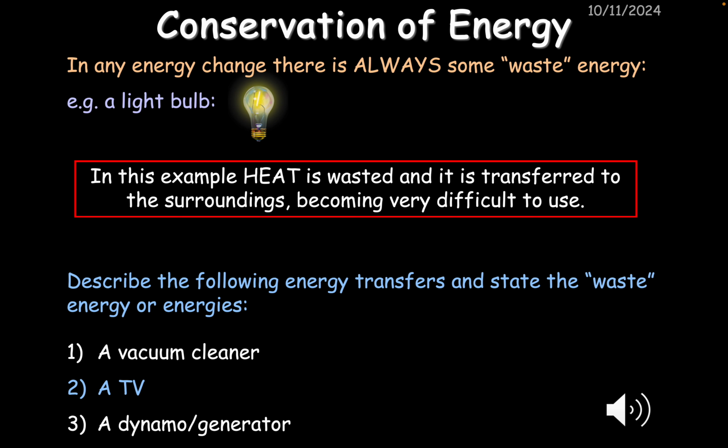And then anything electrical, like a dynamo or a generator, will also, due to the resistance in the wires and friction in the moving parts, waste some energy. Even though the electrical energy transfer will do some useful work, it will also transfer some of the wasted energy thermally to the surroundings. Okay, so you need to be aware of this when you're answering exam questions.